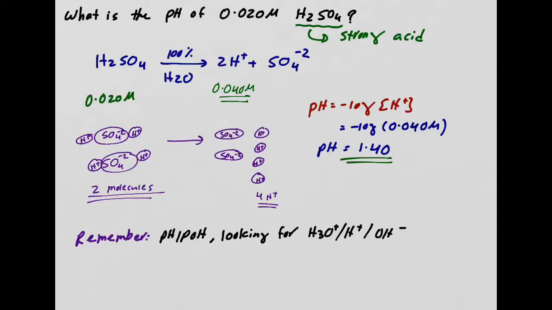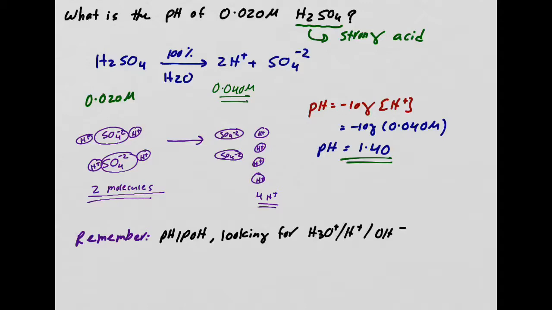You're looking for OH minus concentration. So every time they ask you for pH, they ask you for pOH, look for hydronium concentration, look for H plus, look for OH minus. This is what you have. So whatever they give you, you gotta look for these guys, right? Because that's what you need to figure out the pH or pOH. You need H plus concentration or hydroxide concentration.